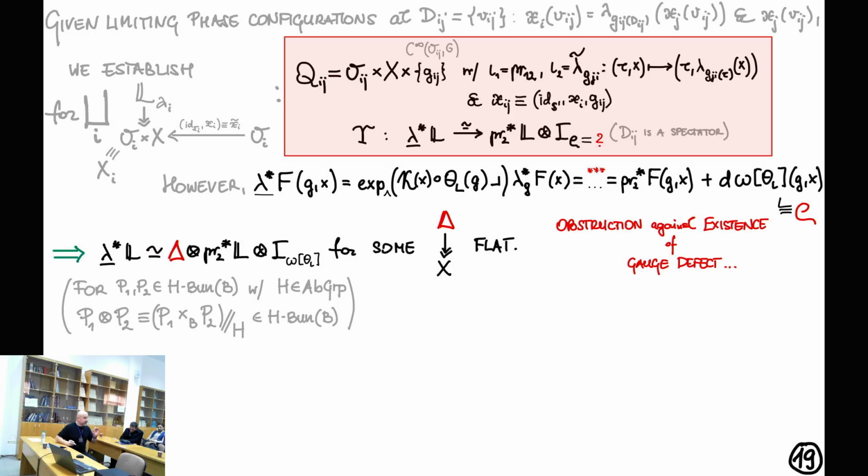So I have this isomorphism up to this delta. So already I can see that delta apparently quantifies for me the obstruction to having a well-defined theory with gauge symmetry defects. Because if I have it, I don't have this form here, and I'm screwed.